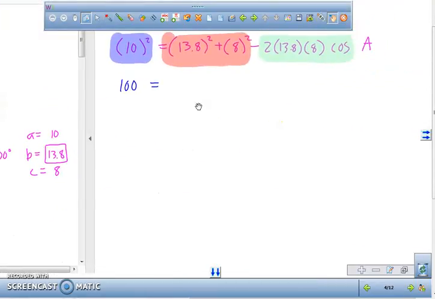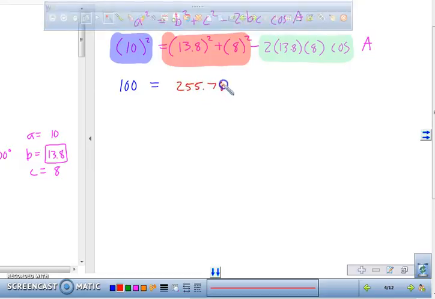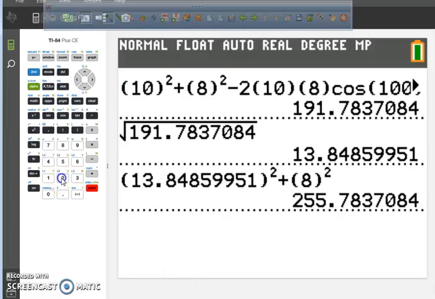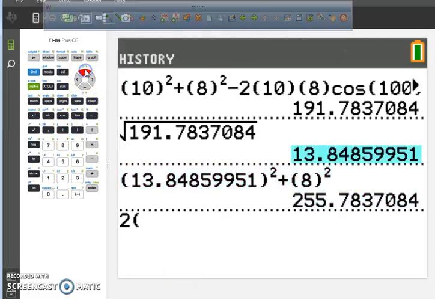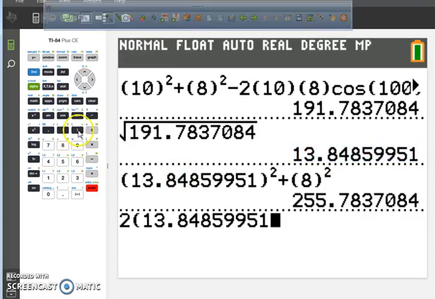So I'm going to go over here, and I'm going to use the 255.78. Now, I'm just writing that down. I'll use the whole thing once we solve it. Minus. Now we have to do what? 2 times the 13.8 times 8. So I'm going to go back to my calculator. I'm going to go 2 times, scroll up, grab that answer, times 8.